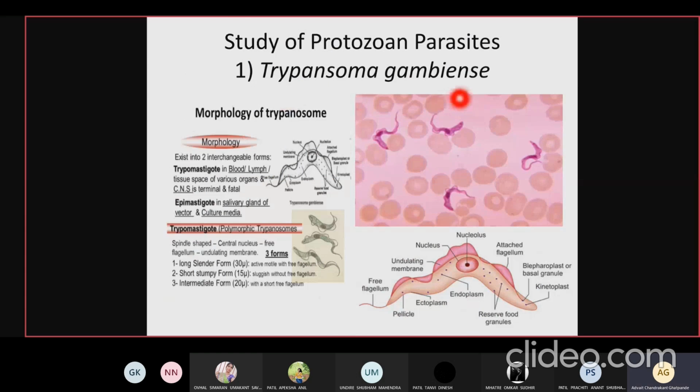It is also called trypanosomiasis. It is inhabited in Central Africa, therefore the name is given.